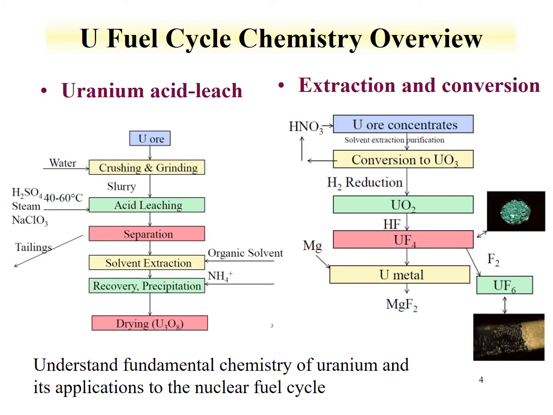The nuclear properties of uranium have really driven the chemistry for the fuel cycle. Here's an overview of basic chemistry of uranium for the fuel cycle, everything from removing the uranium from the ore, both separations to the formation of U3O8, then taking that material, converting it to other forms of uranium, such as uranium dioxide, uranium tetrafluoride, which gets converted to the hexafluoride for enrichment, and then uranium metal, which is also potential fuel.